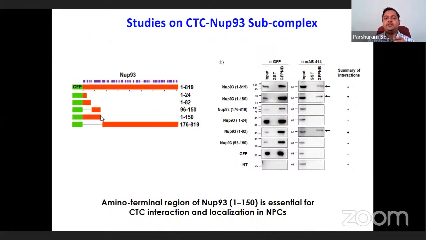With this set of constructs, we did something called immunoprecipitation. In immunoprecipitation, we generally use an antibody against the protein of interest, pull it down, and detect the interacting partner.